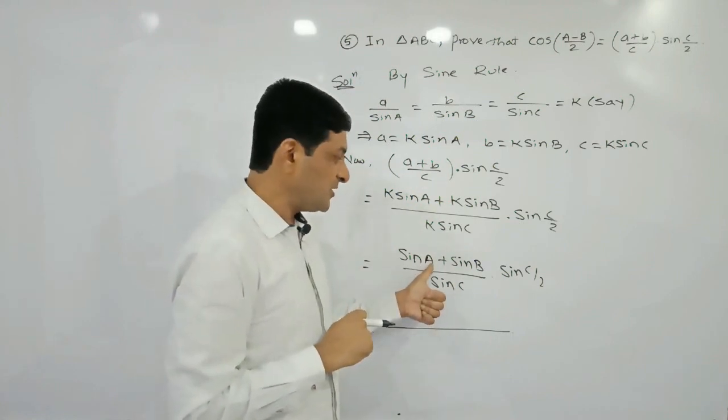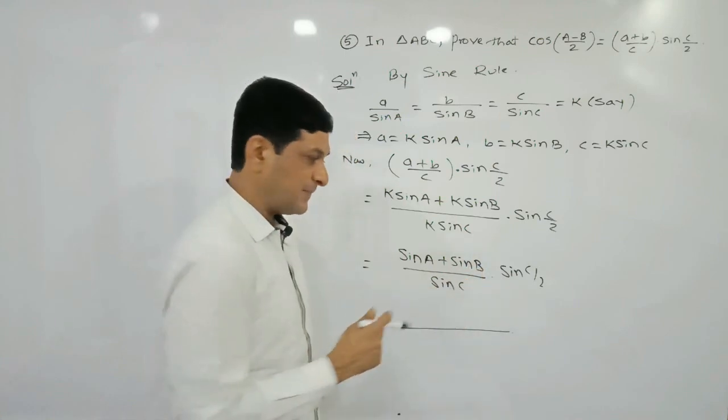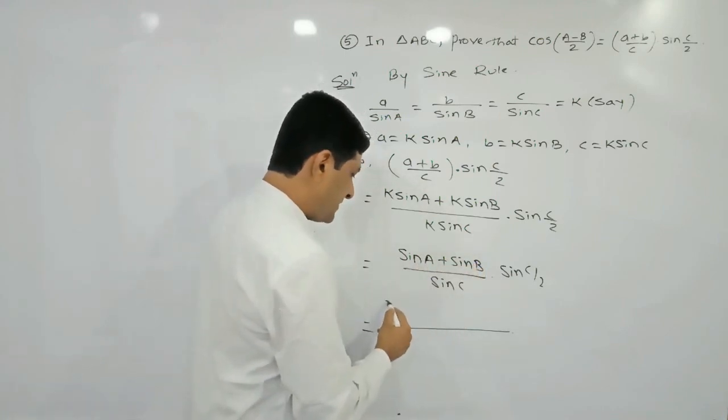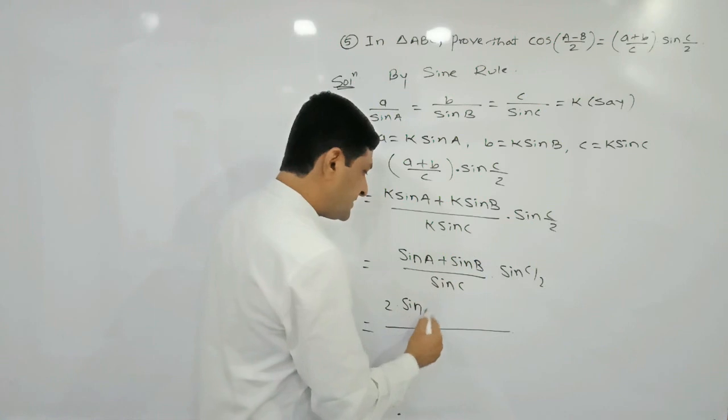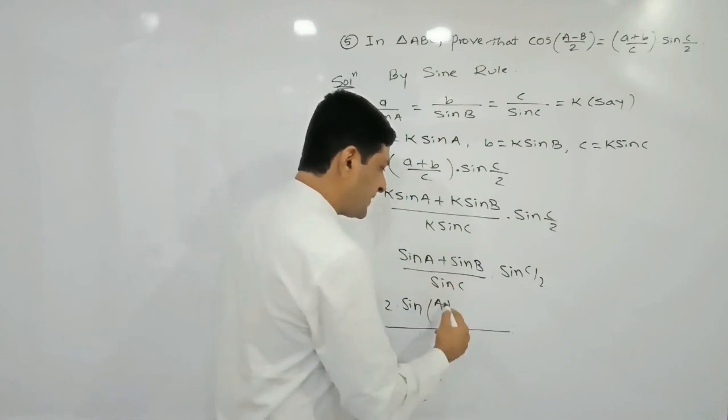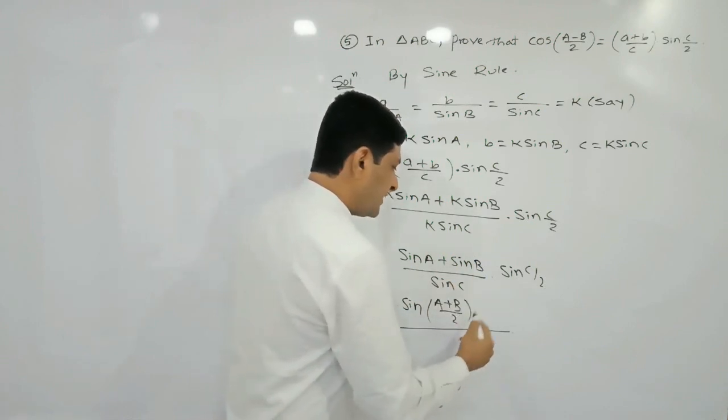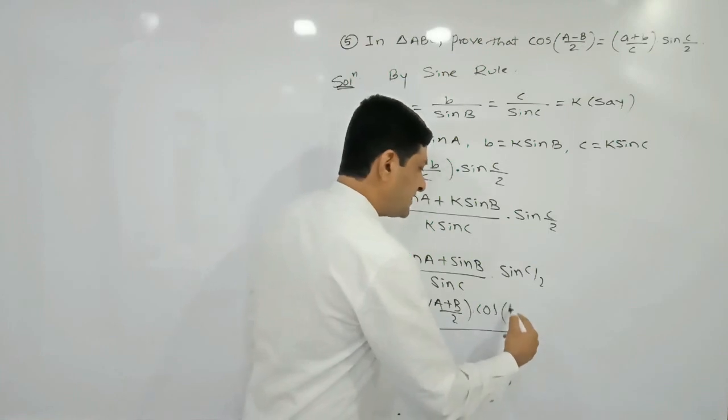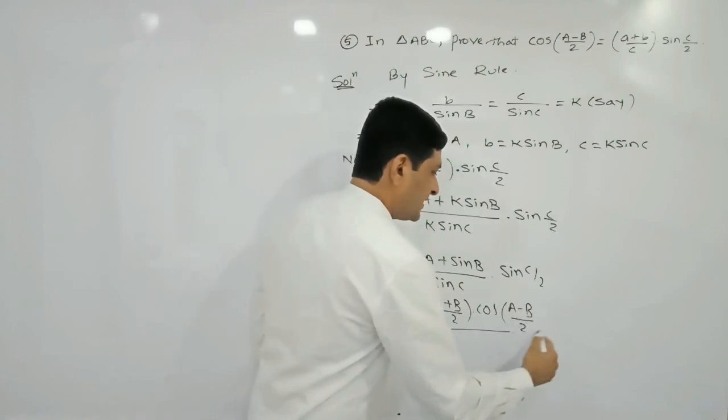Here C means A, and D means B. So sine A plus sine B can be written as 2 sine (A plus B) upon 2 into cos (A minus B) upon 2.